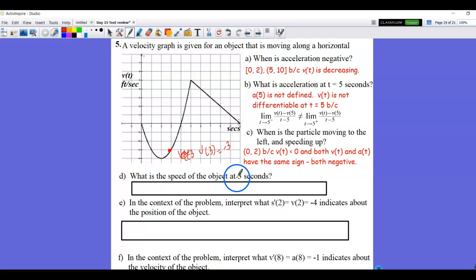But I'm not interested in velocity, I'm interested in speed. So I want the absolute value of V of 3, which in this case is the absolute value of negative 3, which is 3. Did I have any units on this thing? Oh, yes, I do. 3 feet per second is the speed at 3 seconds.